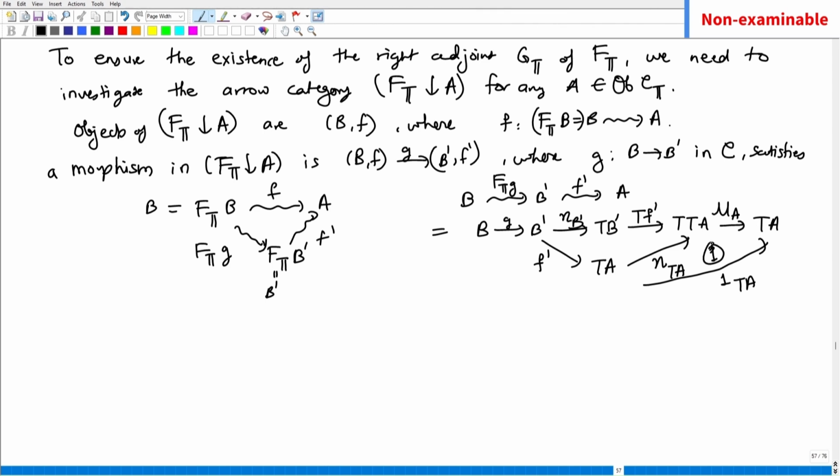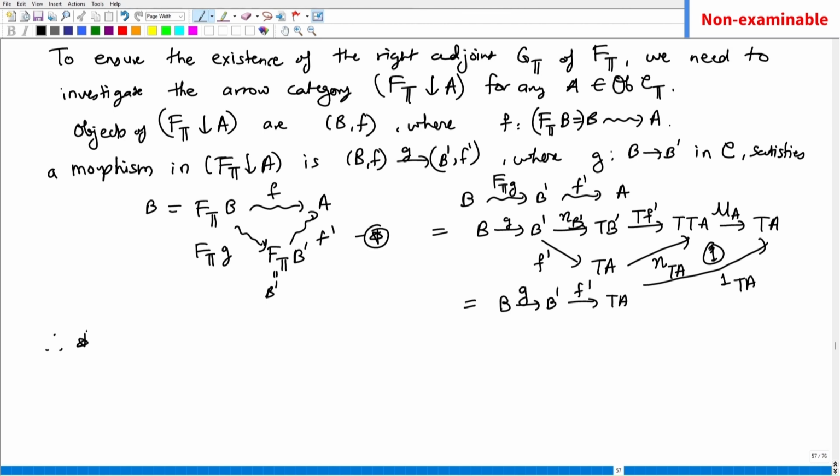I think eta sub T is 1. So the diagram makes sure that whatever we have is just F prime composed with G. Okay, so this is B to B prime to TA. Therefore let me call this particular diagram star.